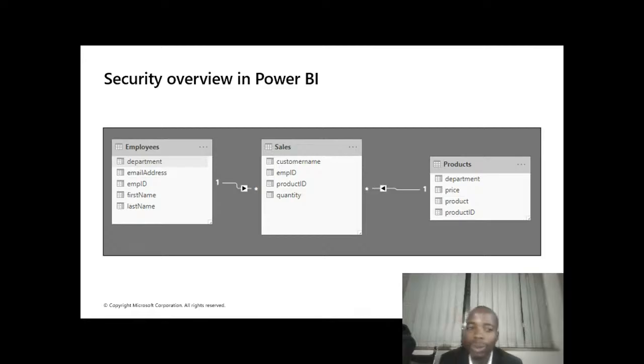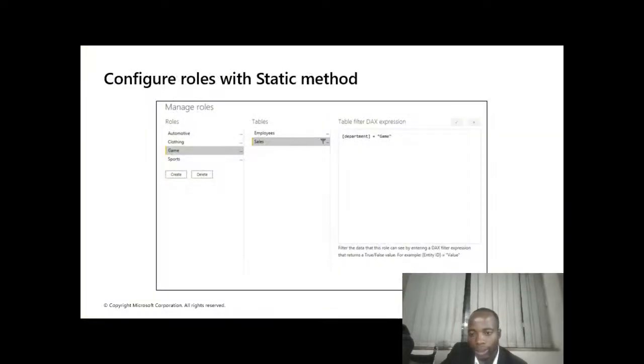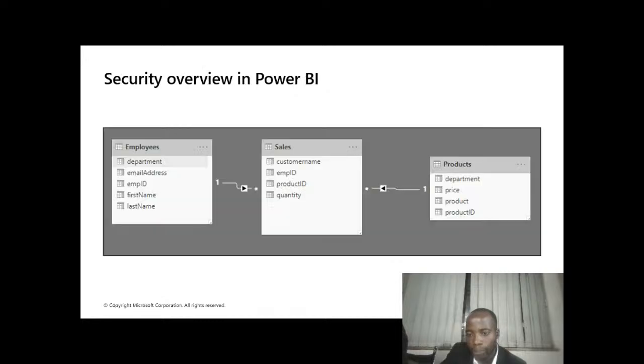So what we call row level security, there are two methods that are used. There's the static and dynamic method. It usually uses DAX, the DAX that you're using.